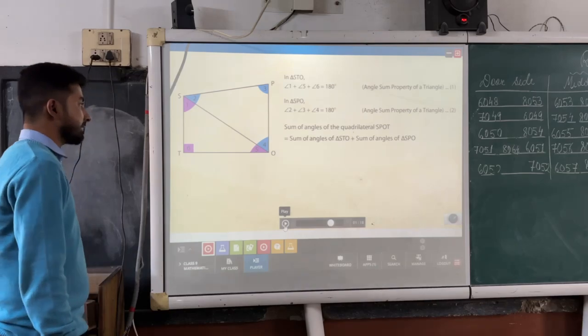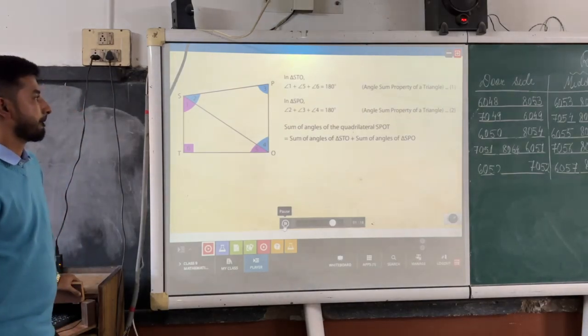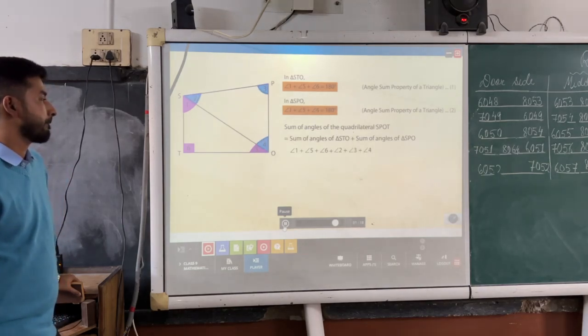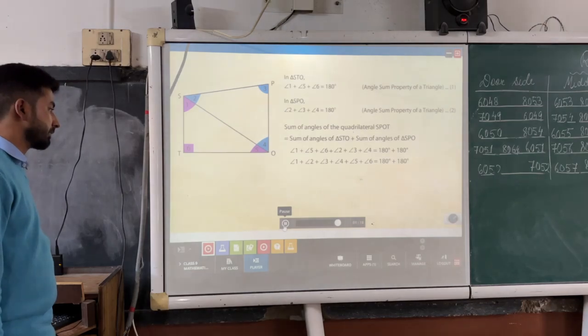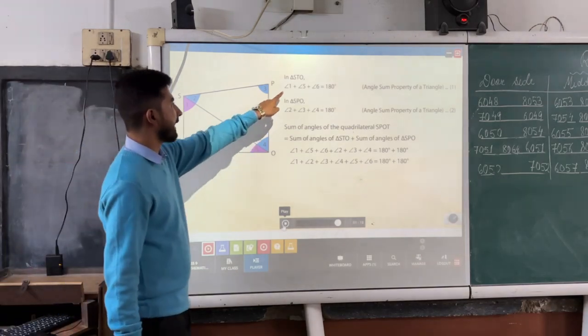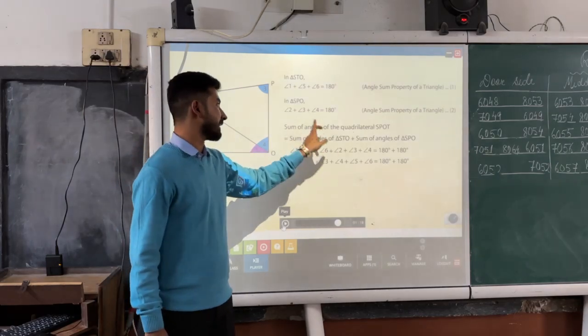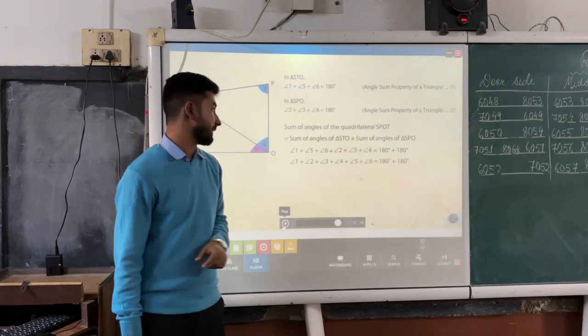So what we will get is the sum of angles of triangles STO and SPO. So angle 1 plus angle 5 plus angle 6 plus angle 2 plus angle 3 plus angle 4 is equal to 180 degrees plus 180 degrees.